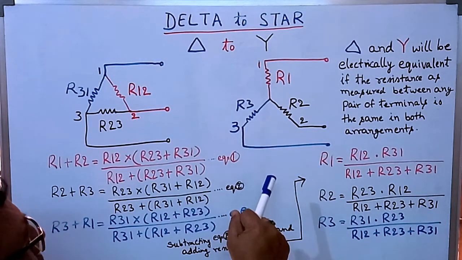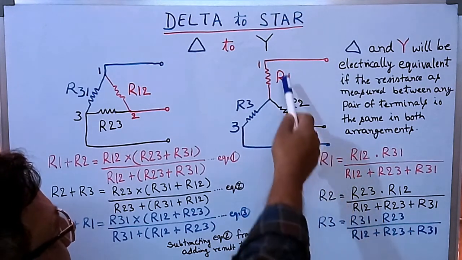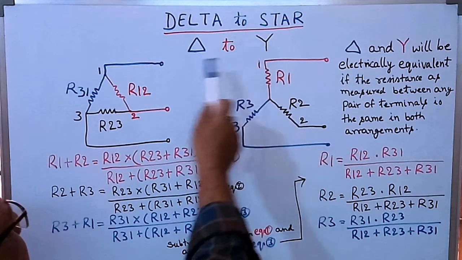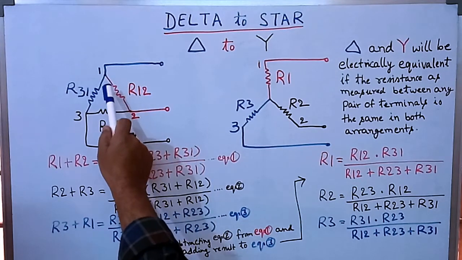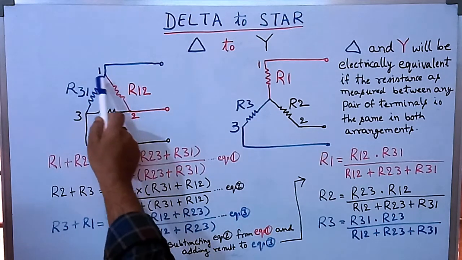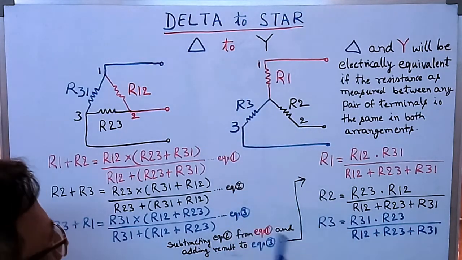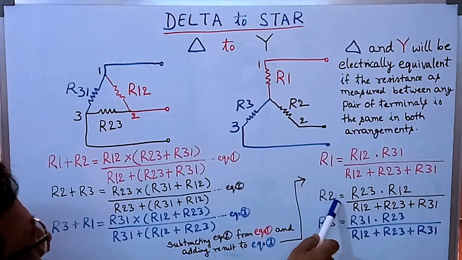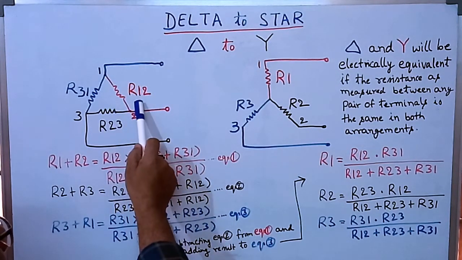In a simpler way to remember this, let us see R1, that is connected to terminal 1 in Y connection, that is star connection. Now here in delta connection, at terminal 1 there are two resistors, thereby R12 into R31 divided by the sum of these three resistances will give the R1 in star. Now at terminal 2 in star, R2 is connected. So R2 equals, at terminal 2 in delta, there are again two resistors R23 and R12.